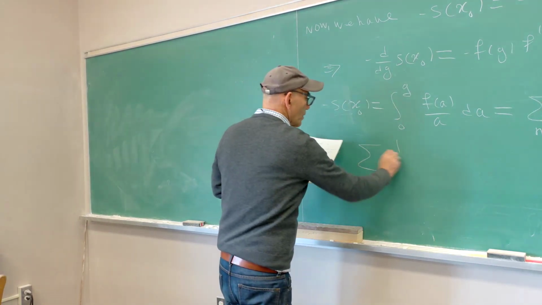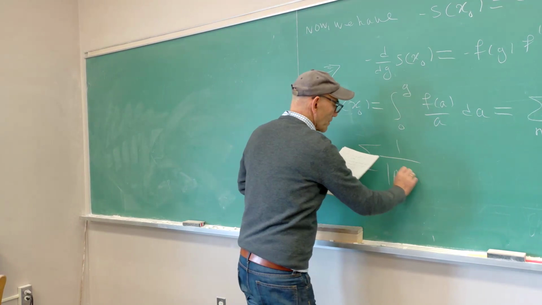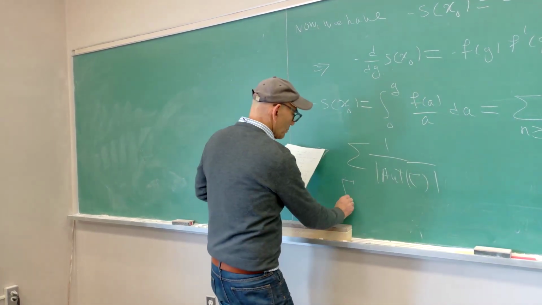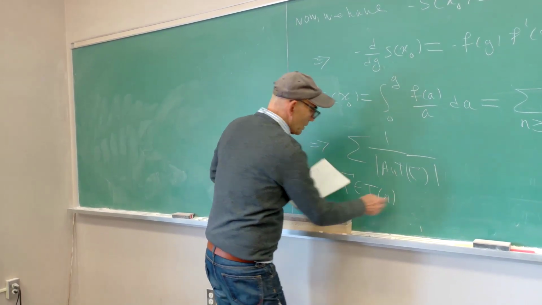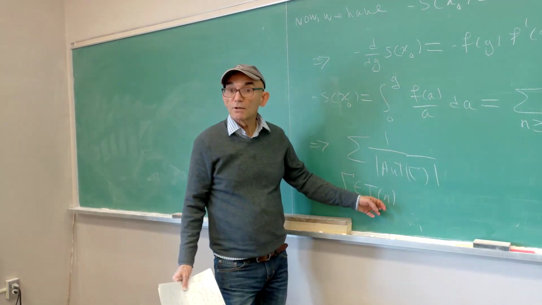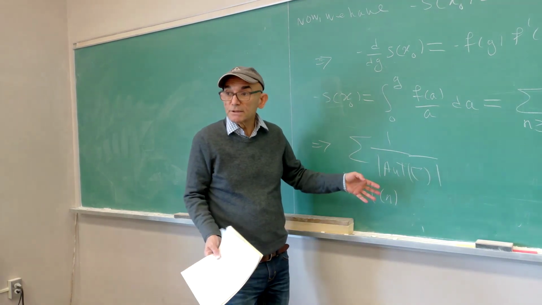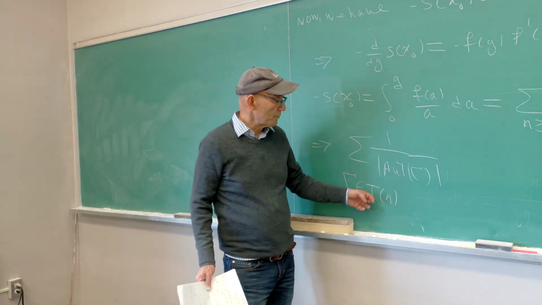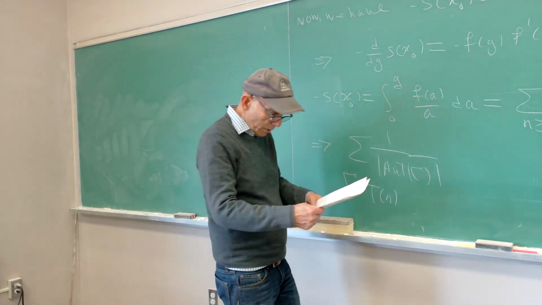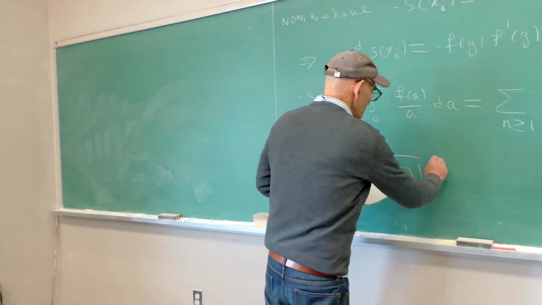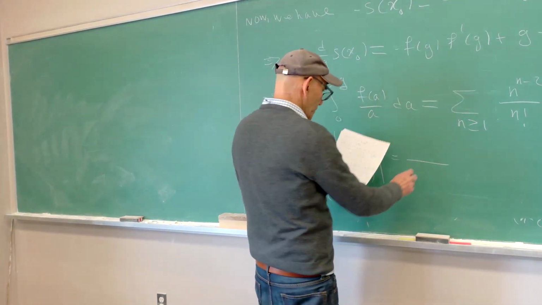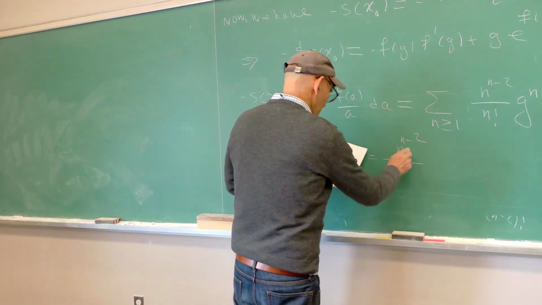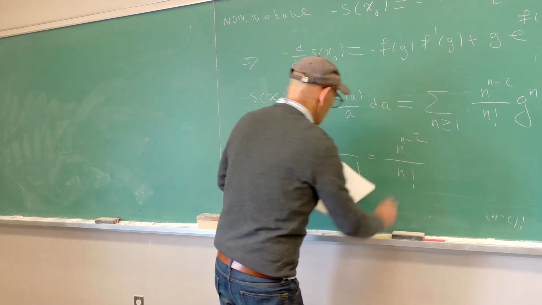the sum of 1 over the order of automorphisms of gamma, where gamma belongs to the set of isomorphism classes of unlabeled trees, because in Feynman's theorem we were summing over unlabeled trees, is equal to n to the power n minus 2 over n factorial.